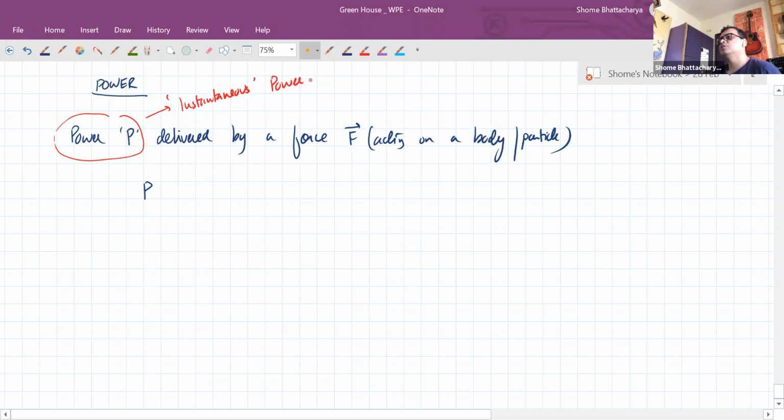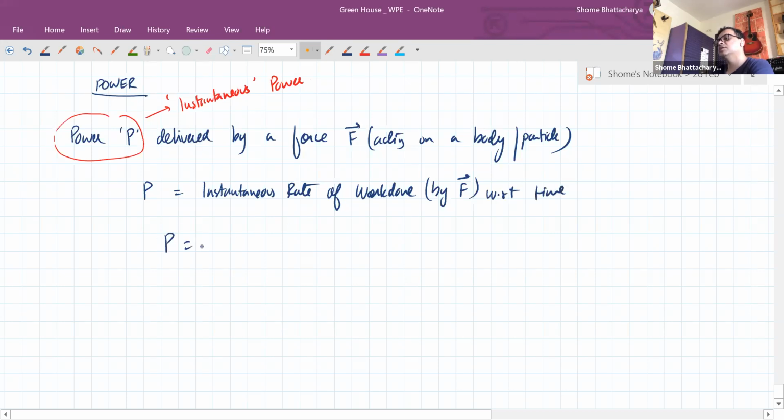It means power at a particular instant. That power is defined as the instantaneous rate of work done by that force with respect to time. Okay, so power is defined as this.